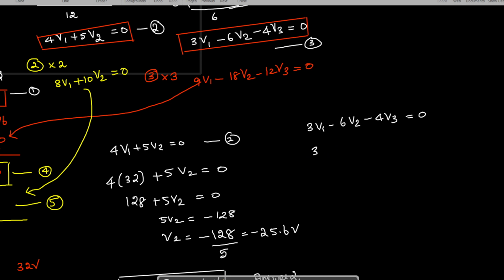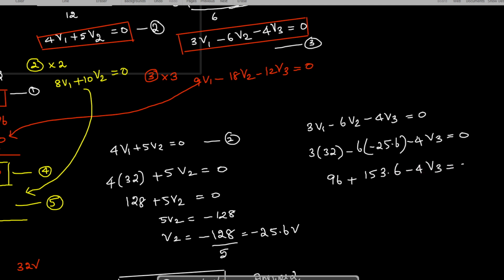In that, 3 into 32 volts minus 6 into minus 25.6 minus 4V3 is equal to 0. So 32 into 3 is 96, minus of minus becomes plus, and 25.6 into 6 is 153.6, minus 4V3, that is equal to 0.